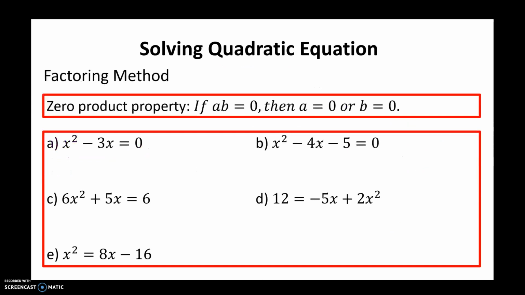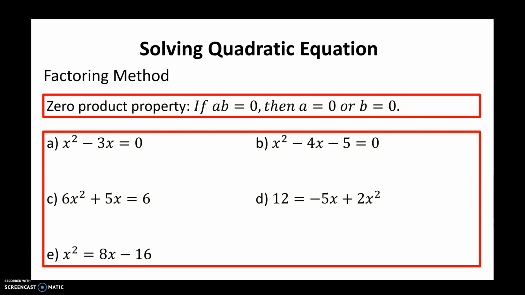Okay, so using the factoring method, recall the zero product property. If you're multiplying 2 terms and those terms equal 0, then one or the other term has to equal 0. That makes sense because 0 times anything is 0. So when we factor, first things first, the equation is always set equal to 0.